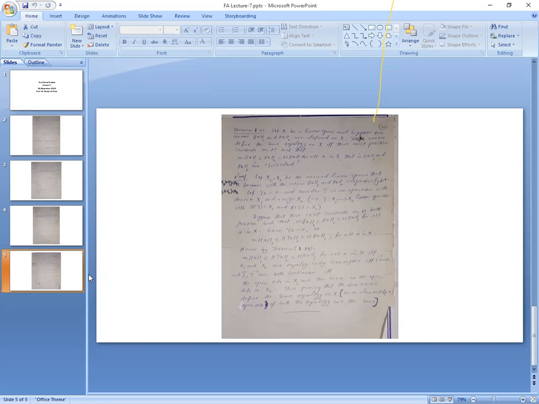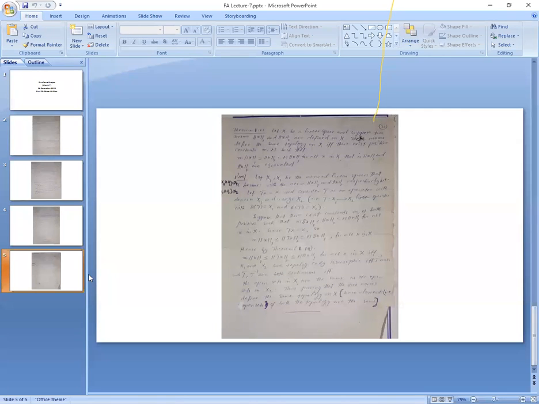Now what do we have to prove? We have constructed two normed linear spaces, and we define the operator between them, that is T from X1 into X2 by Tx equal to x. Now we have to prove that norm 1 and norm 2 are equivalent if and only if they define the same topology.